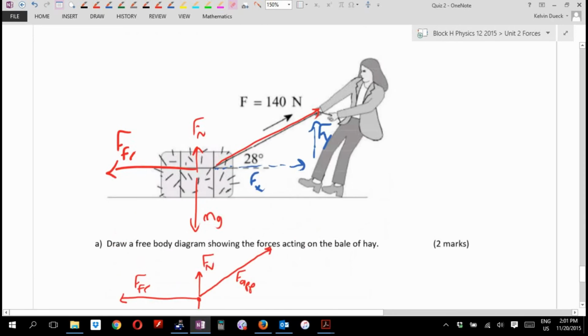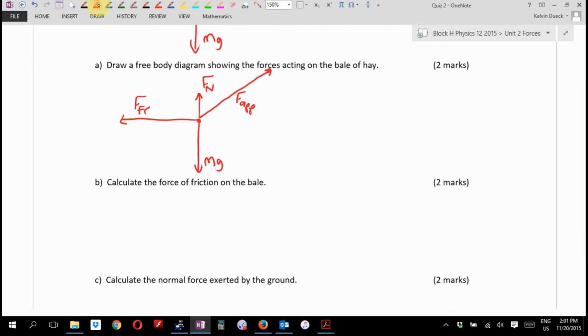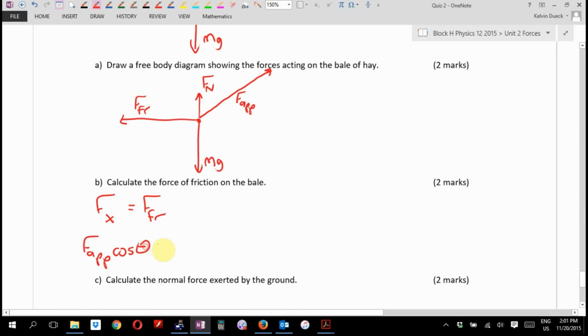A is 0. So here's what I would do. It turns out Fx equals friction, which also makes sense because this is only worth 2 marks, so it shouldn't be a bunch of work to get there. What's Fx? Fx is the applied force times the cosine of the angle.